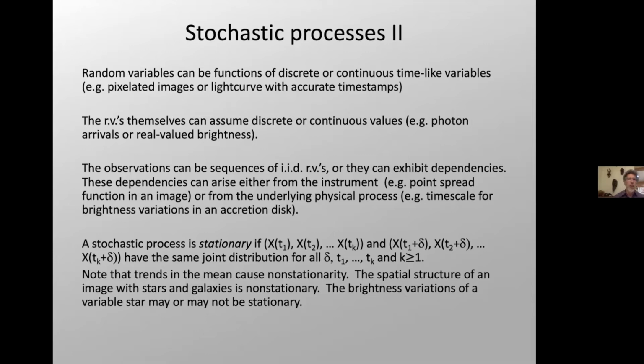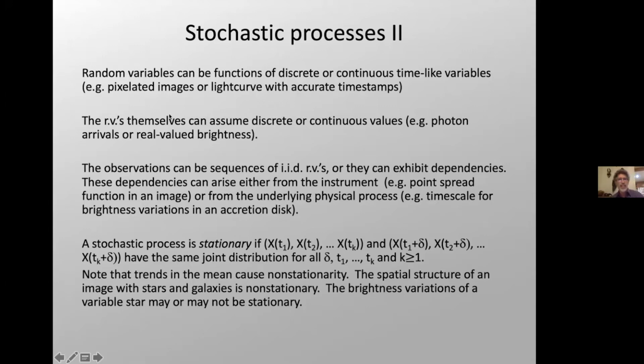Okay, so random variables, brightness, radial velocity, density, are functions of time-like variables, which could be either continuous or discrete, either because it's actually discrete or because we pixelate it for convenience, because it either comes out that way from the detector or it's just convenient.